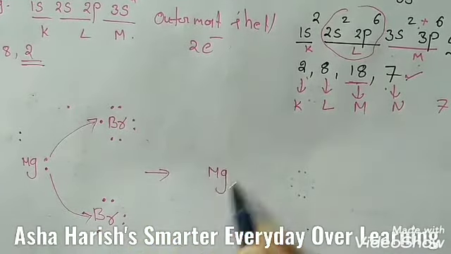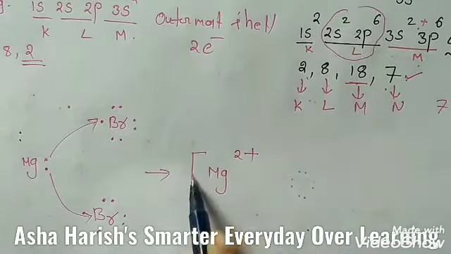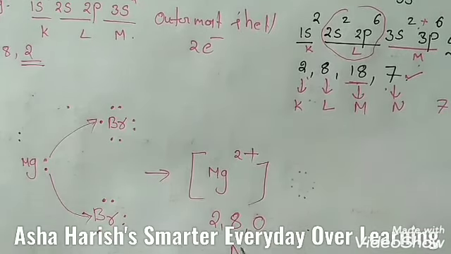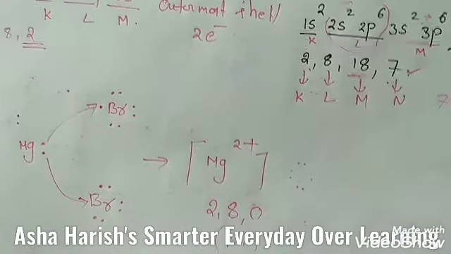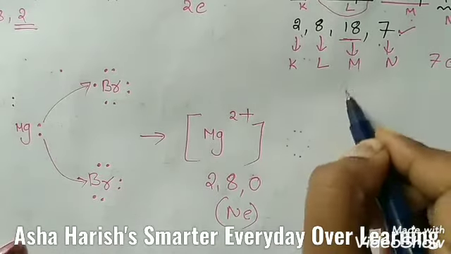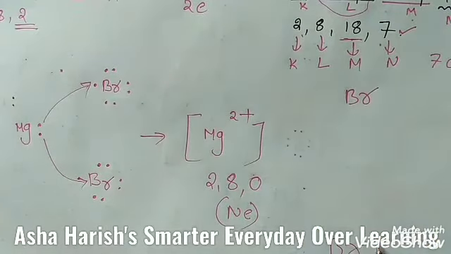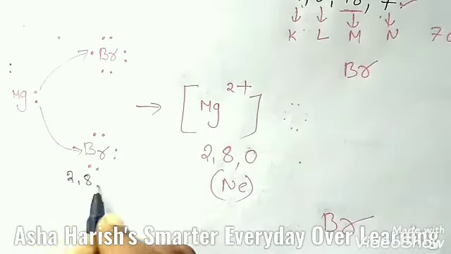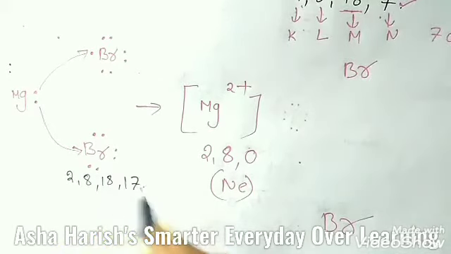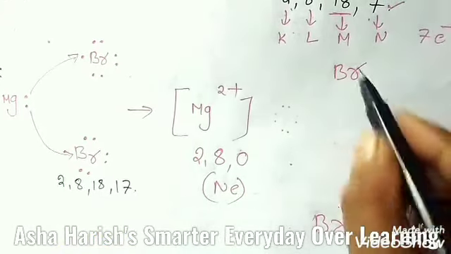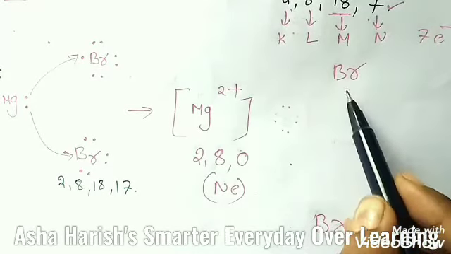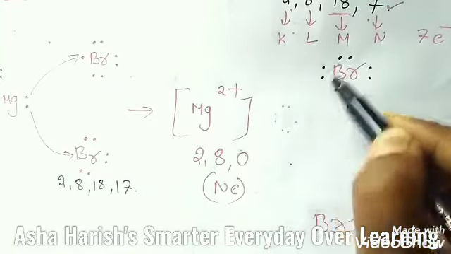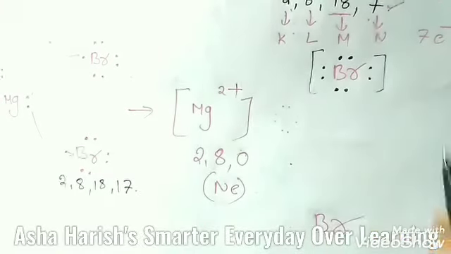and magnesium 2 plus ion can be formed. This electronic configuration is 2, 8, the neon electronic configuration, Mg 2 plus. And what about bromine here? By gaining 1 electron, for this bromine 2, 8, 18 and 7, and for this bromine here gaining of 1 electron takes place, so 3, 4, 5, 6, 7, 8 electrons should come here.